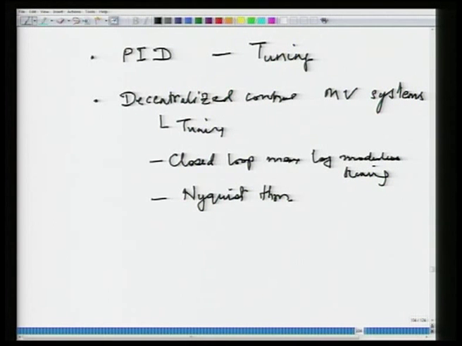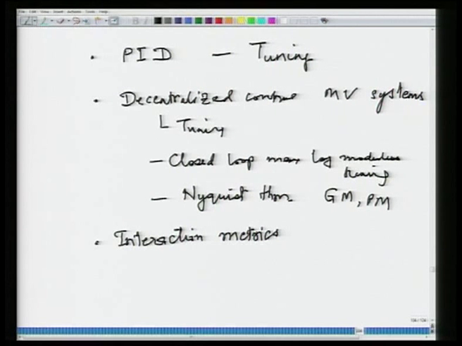We also discussed in that process gain margin and phase margin. For multivariable systems, we also discussed interaction metrics, and these were the Niederlinski index and the relative gain array. We also looked at decoupling, dynamic decoupling.